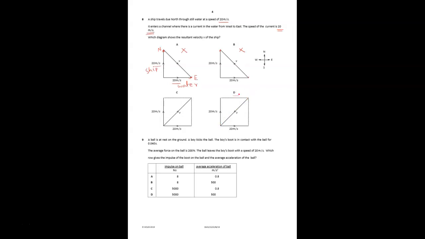If the question says stationary, then if the resultant force acts, the ship will not be moving, so you can select this option. But the ship is moving. In which direction will it move? In this direction, in between.